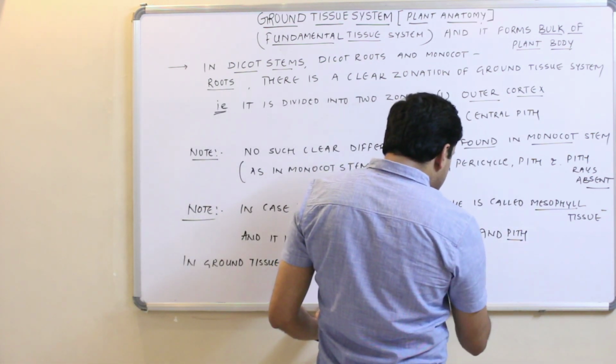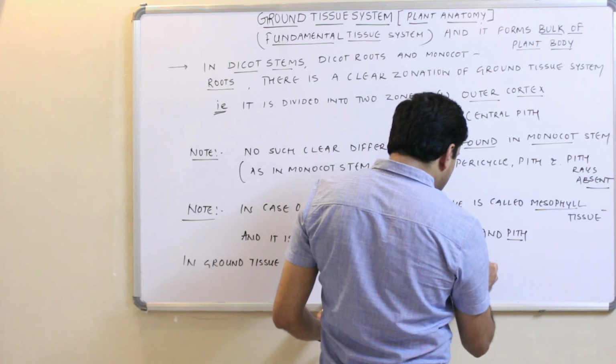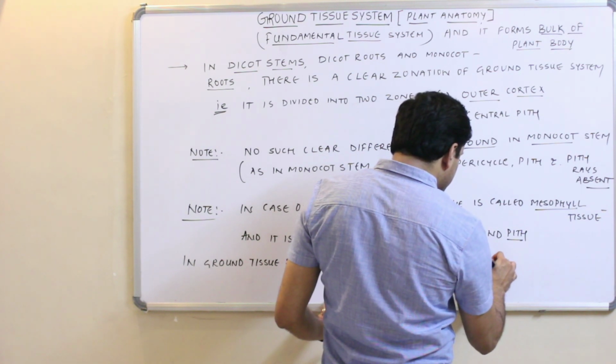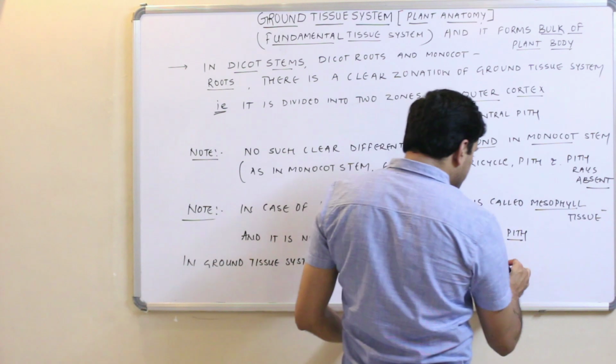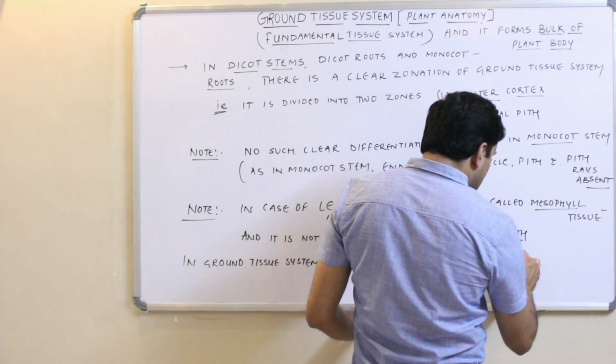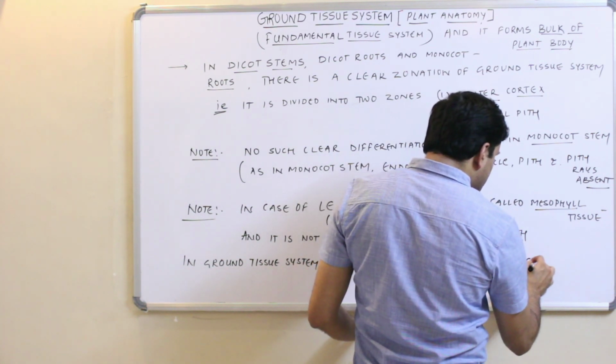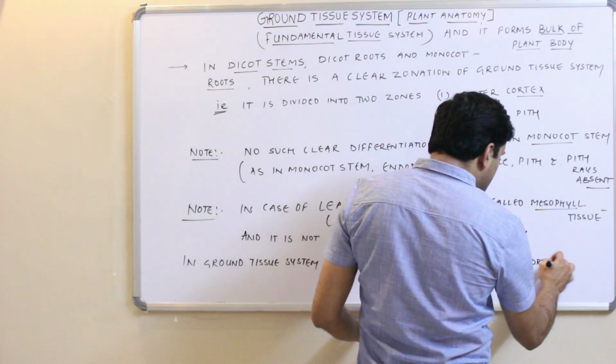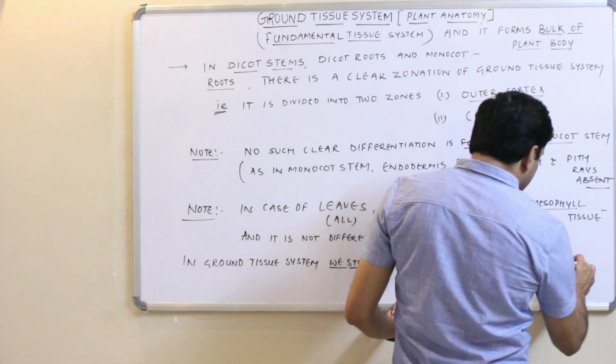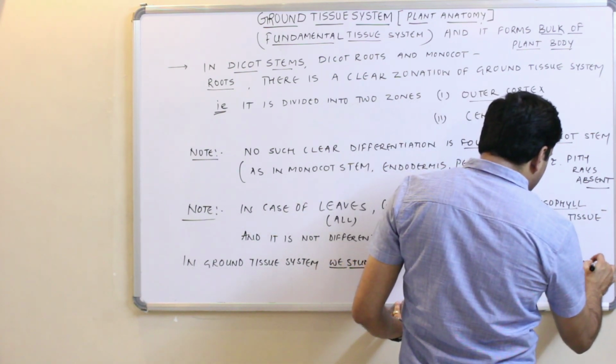In cortex, what we study? Hypodermis, then general cortex, then endodermis.